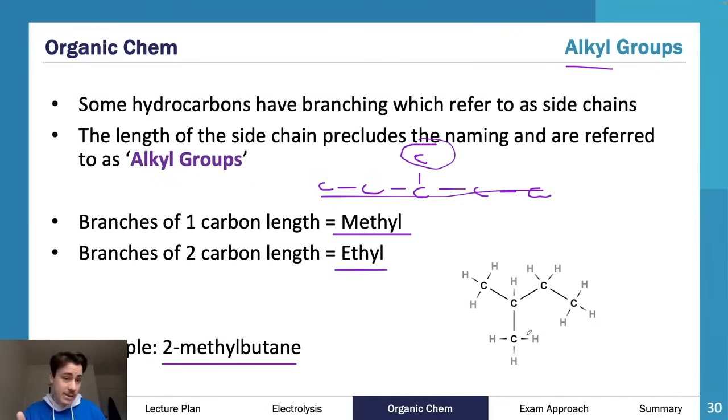Now, some of you may say to me, which of these is the methyl group? Is it this one or is it this one? Because essentially, I can name that as my longest chain, but I can also name that as my longest chain. If I'm being honest with you, either of them, it doesn't matter. Just pick one. The only scenario where you will specifically pick one is if maybe there's a chlorine here. There's a chlorine here. I'm going to take this as my longest chain.